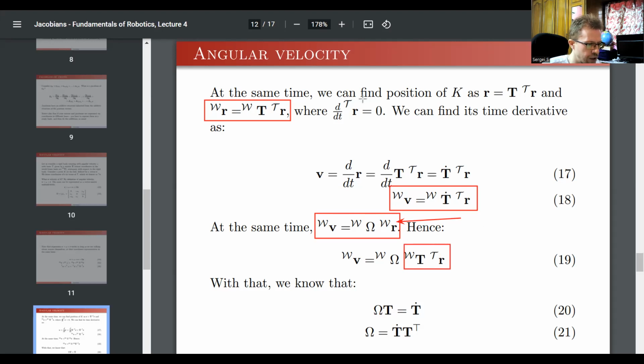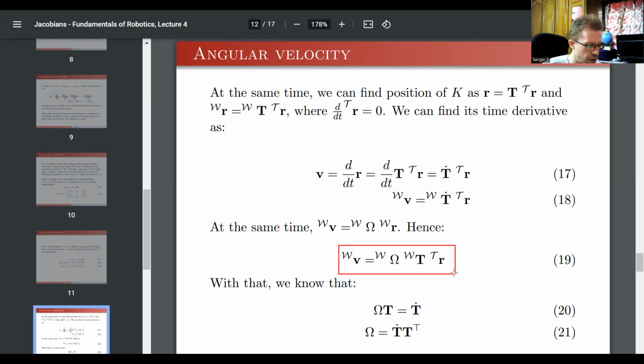And overall, we get this whole thing. Okay. So velocity in the world frame is given as angular velocity in the world frame times T expressed in the world frame times R expressed in T. With that, we can equate the right-hand sides of both equations. So this is equivalent to this. So this is equivalent to this. Okay.